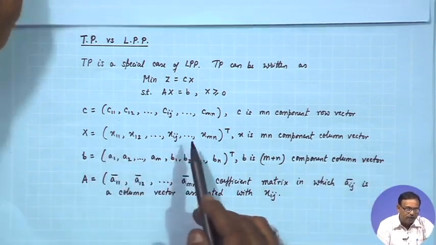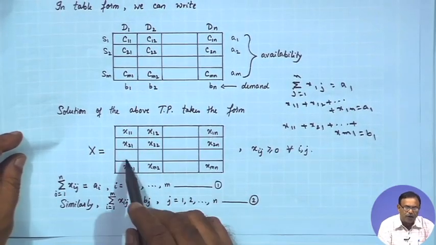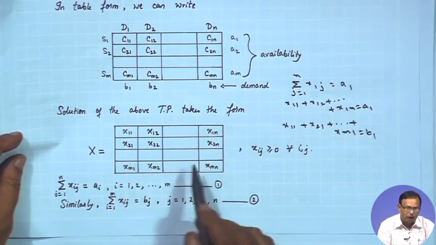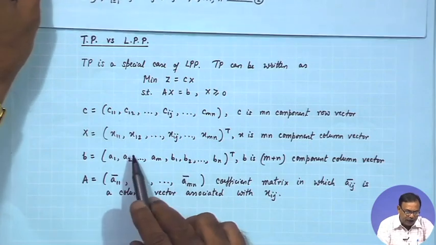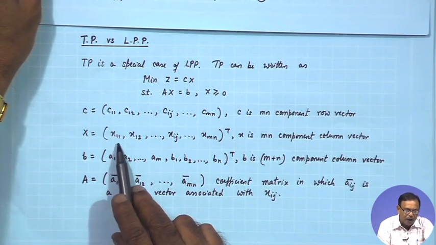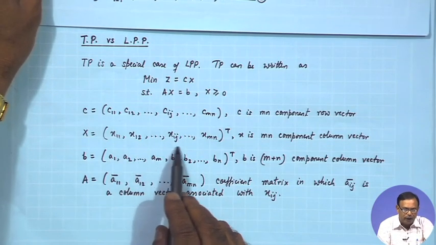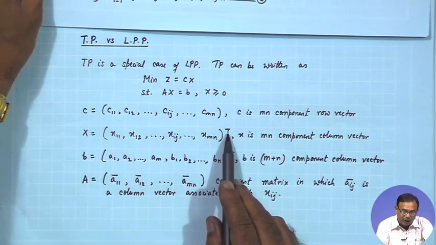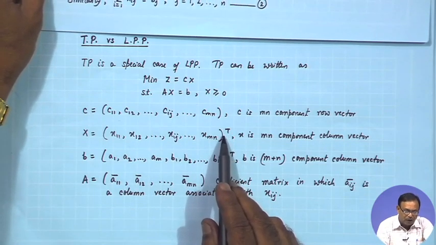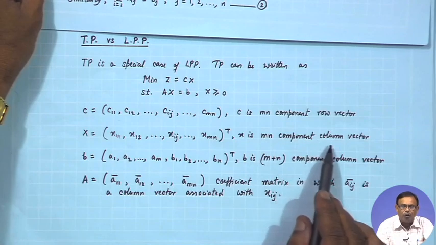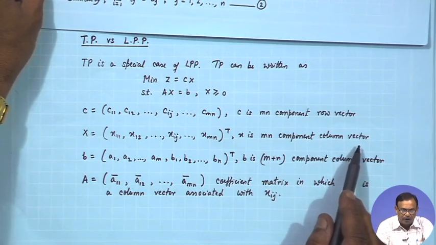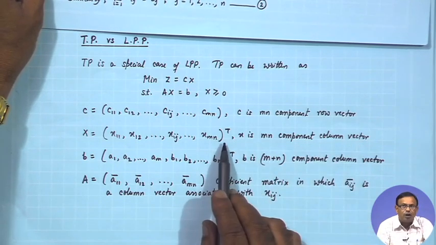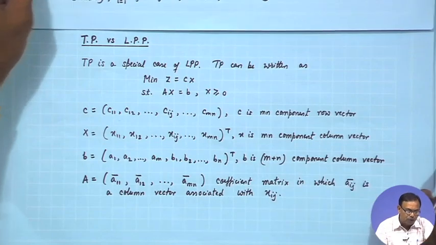What is x? x is this matrix, written as x 1 1, x 1 2, x i j, up to x m n, transpose. So x is also an m n component column vector; since it is a column vector, we have taken the transpose here.